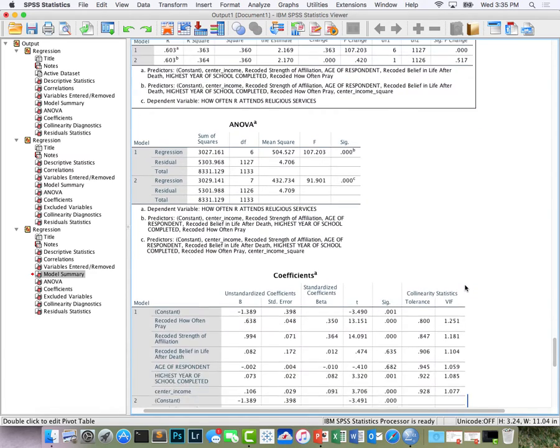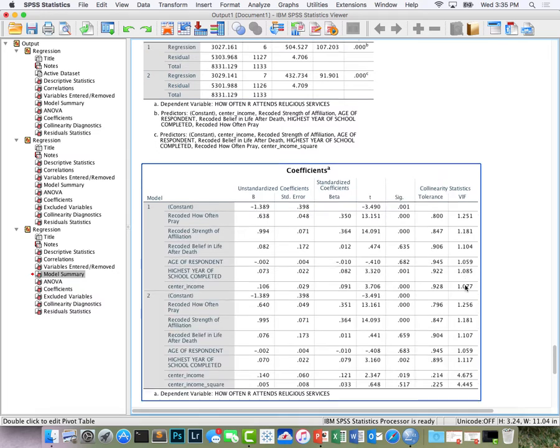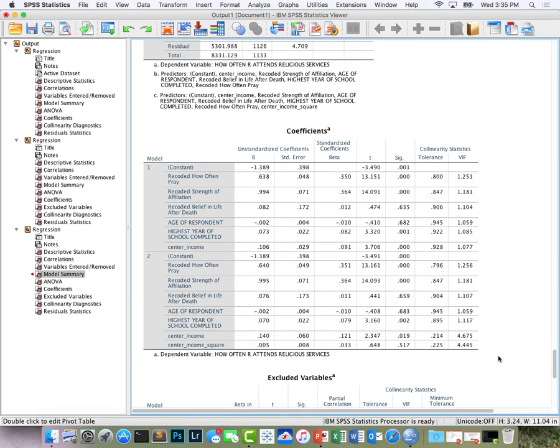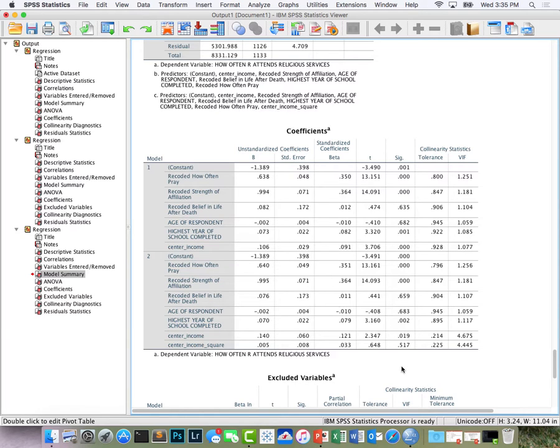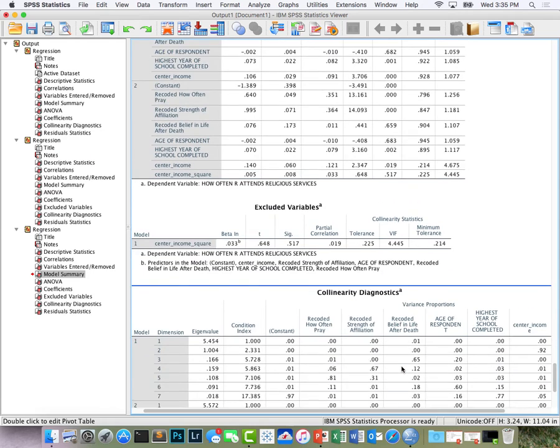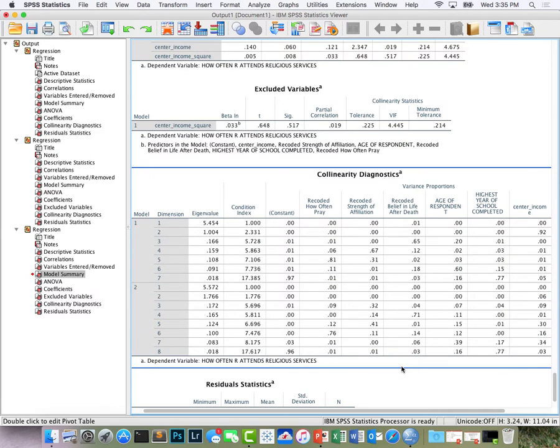But more importantly, I didn't have much confidence in the earlier analysis because the collinearity diagnostics showed the tolerance was 0.04, a problem. Here, the tolerance goes up from 0.04 to 0.21. And if we look down at our other collinearity diagnostics, the highest condition index is 17, and we talk about 30 as being a reasonable place.